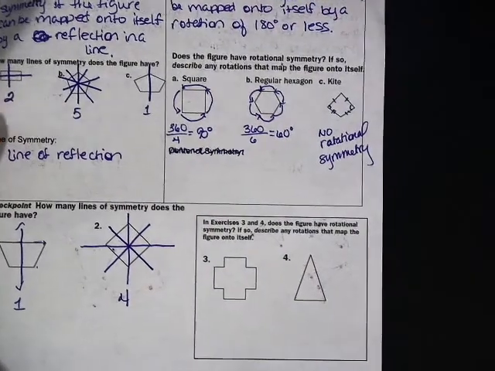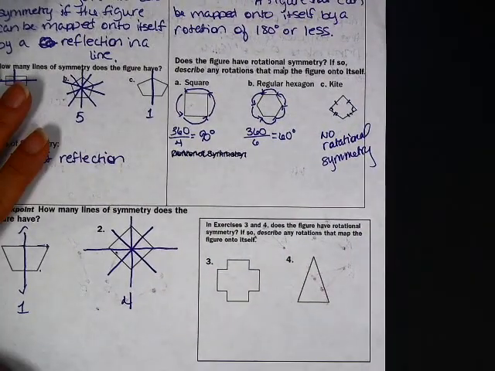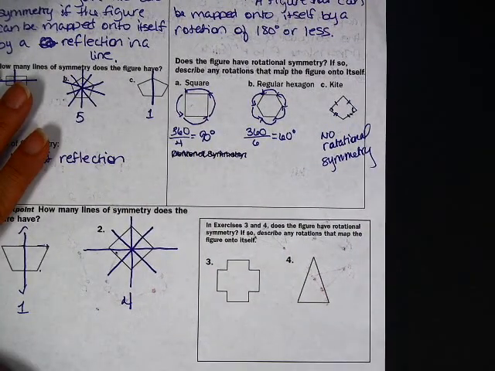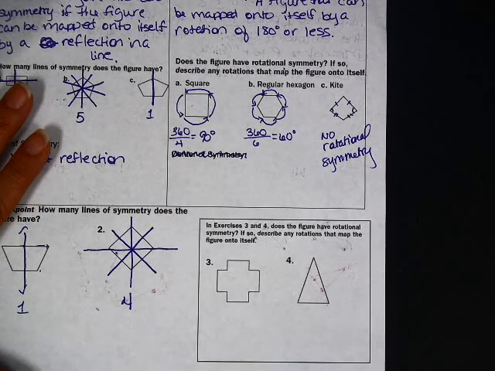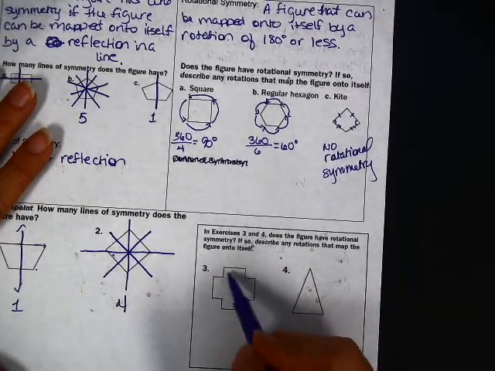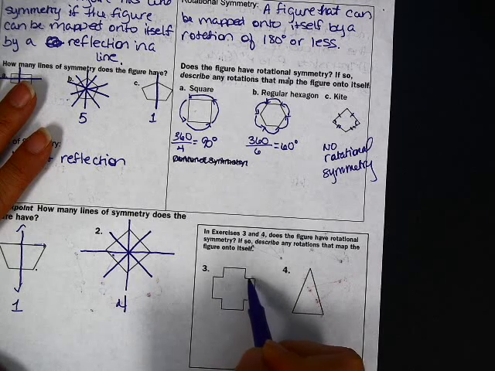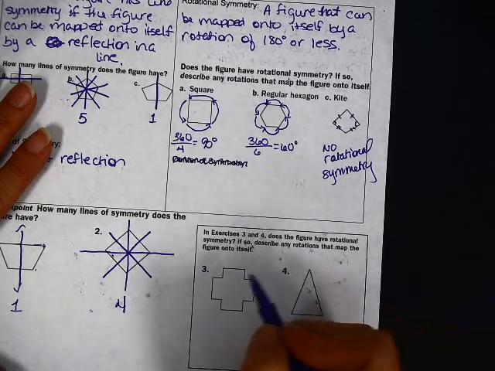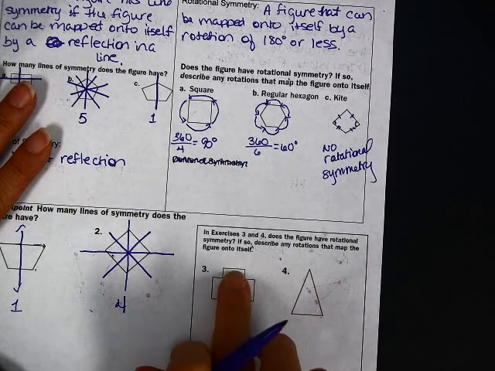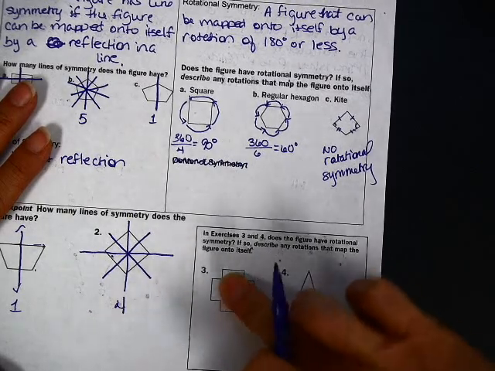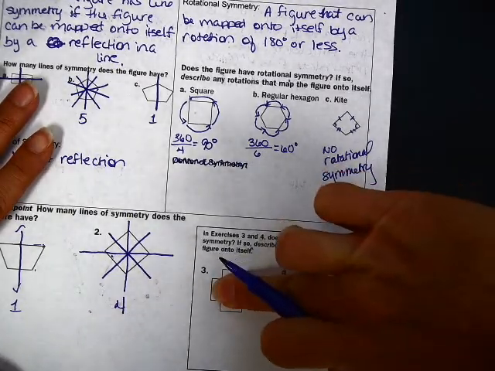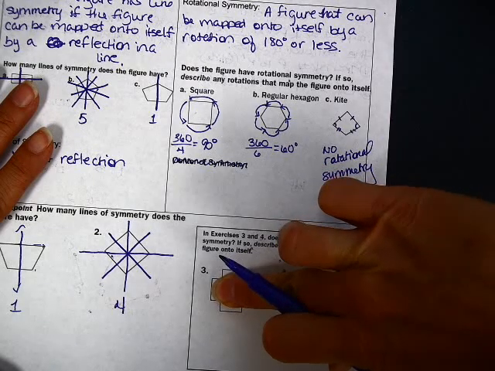Okay, now let's look at this last one. We're trying to determine if these have rotational symmetry, and if so, describe any rotations that map the figure onto itself. All right, this I believe is a dodecagon. Let's go 1, 2, 3, 4, 5, 6, 7, 8, 9, 10, 11, 12. All right, now I have to turn this a total of 90 degrees to be in the very next quadrant, okay?